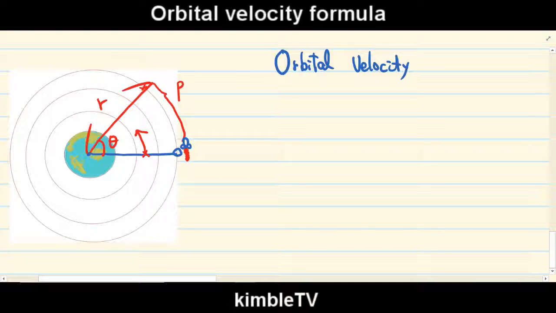The orbital velocity is dp on dt. This is orbital velocity.